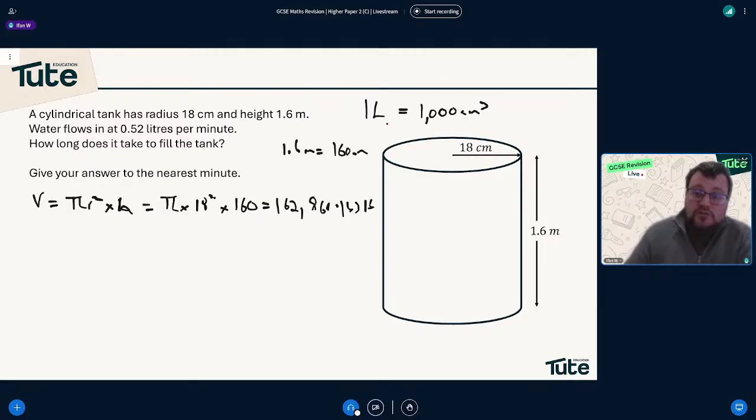Now, because I know this, right, what I'm going to try and do is find out how many liters can we fit into that, okay? So, how many liters is going to be that number, 162.86016316 divided through by 1,000.